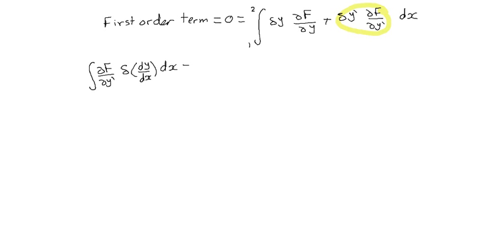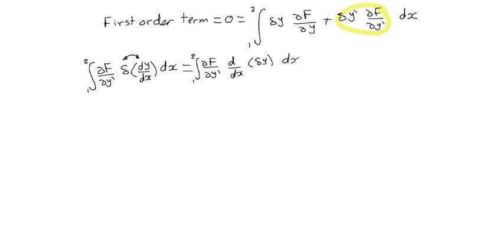So you can exchange the order of these two operators, the total derivative and the variation. Partial f partial y prime is untouched. Please don't forget that this is a definite integral. And I will write d by dx of delta y.